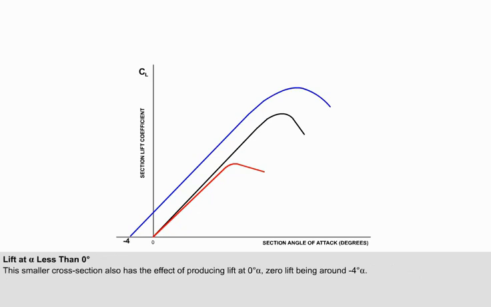The curve's move to the left indicates that, at 0 degrees angle of attack, the aerofoil is producing lift. Zero lift is achieved typically at around -4 degrees with a cambered aerofoil. The reason for this is that, even below 0 alpha, the camber creates a smaller stream tube cross-section than a symmetrical section, and therefore generates a small amount of lift.